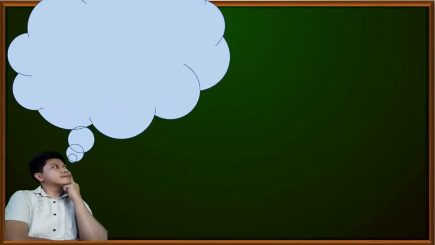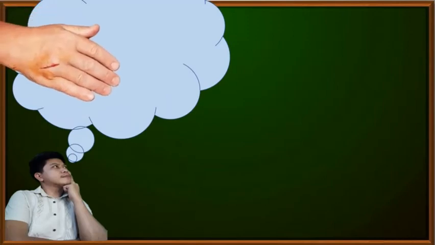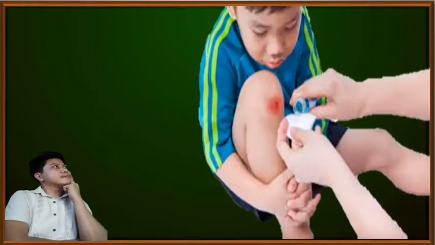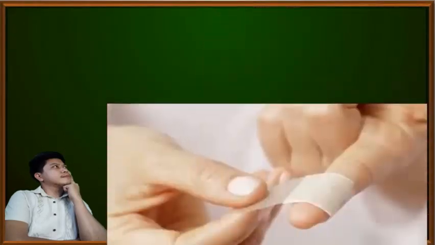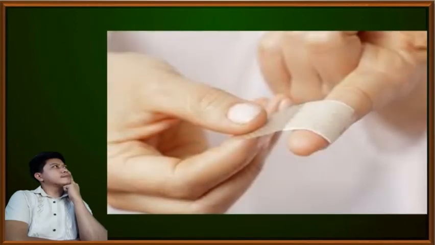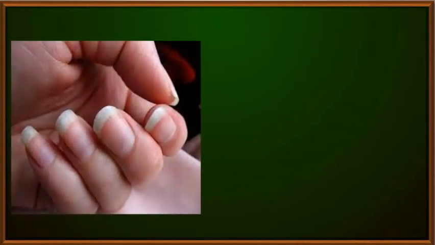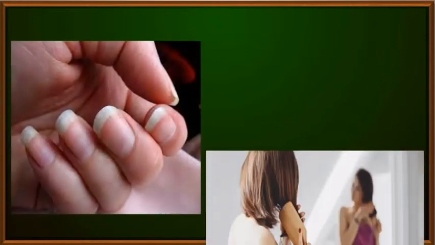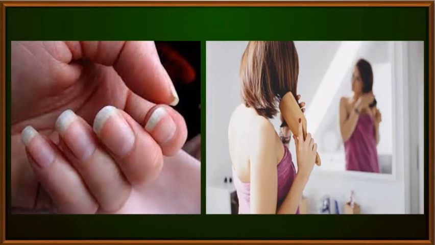Have you ever seen some cuts on your skin while having no idea how you got it? You apply some antiseptic around the cuts and cover it with a bandage, and after a few hours or days, you notice it's gone. Or how about you're looking at your nails and hair, and you notice that they are a lot longer than the last time you cut them?